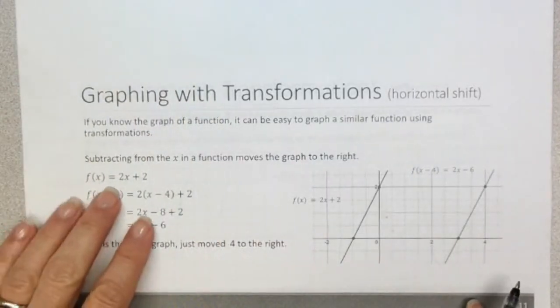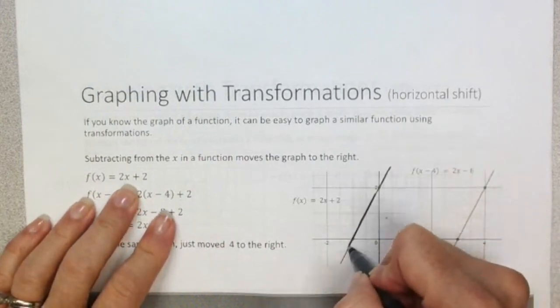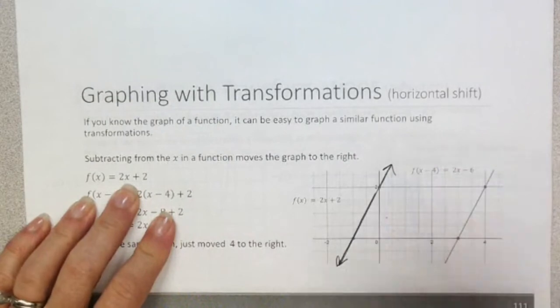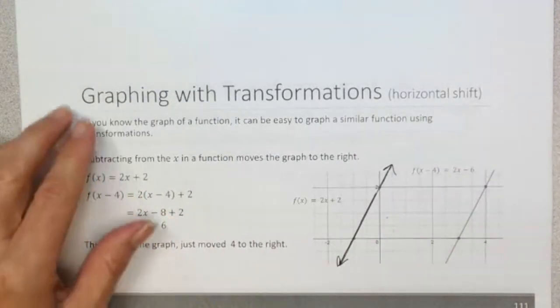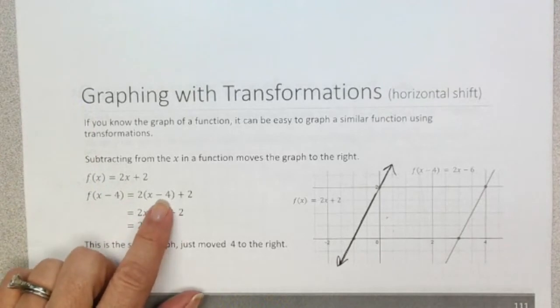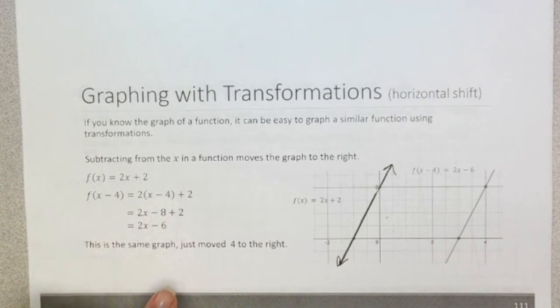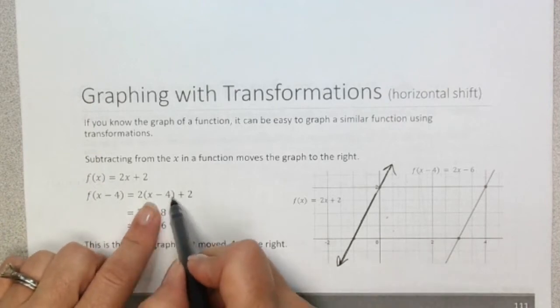So if we use our original function, f of x equals 2x plus 2, there he is, here's our black guy. If we subtract 4, we're going to be shifting that graph to the right 4 units.